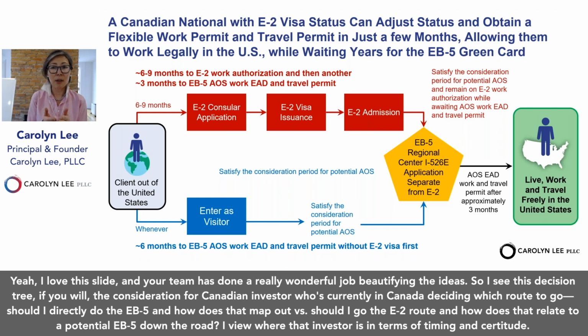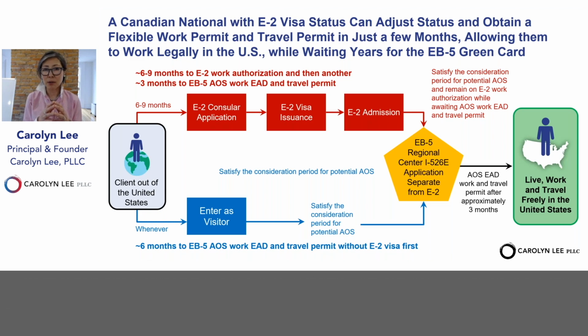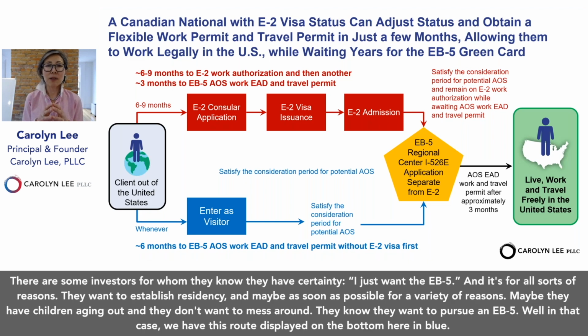Versus should I go the E2 route and how does that relate to a potential EB-5 down the road? I view where that investor is in terms of timing and certitude. There are some investors who know, they have certainty, I just want the EB-5.